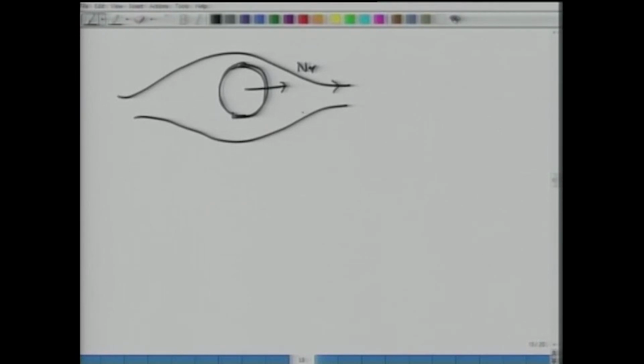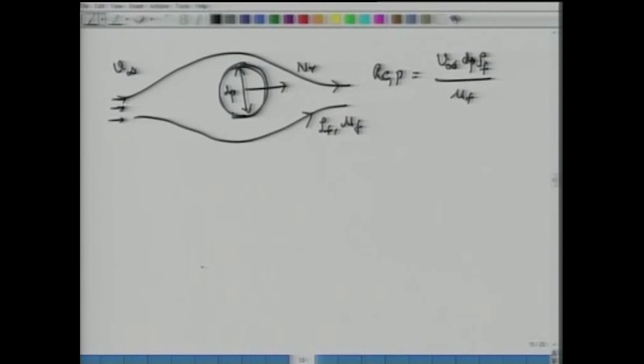If we have some fluid flow here, there is a Reynolds number based on the particle size, which we can define as V infinity, the flow velocity at a very far stream, times dP, the diameter of the particle, times rho f over mu f. Rho f and mu f are the physical properties of the fluid. Similarly, we have the Schmidt number, nu f over DAB, the binary diffusion coefficient of A in B.